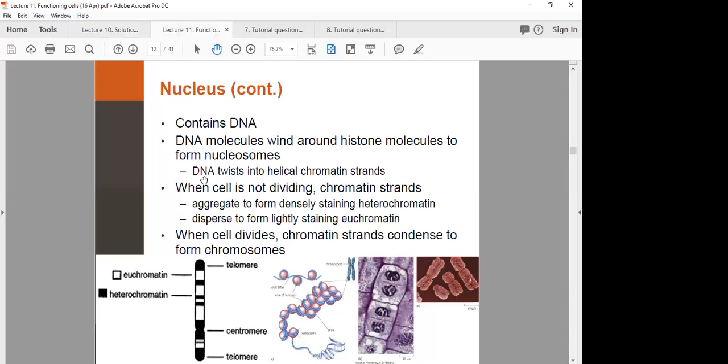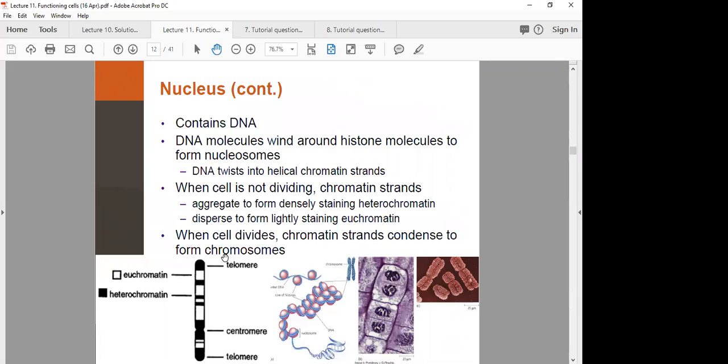When a cell is not dividing, not undergoing cell division to produce new cells, then the DNA is referred to as chromatin. And in this form, you can't actually see the DNA using your standard compound light microscope. It's just not visible.